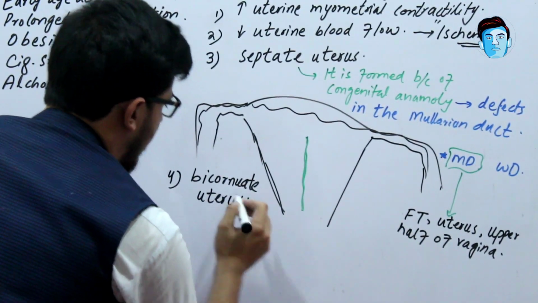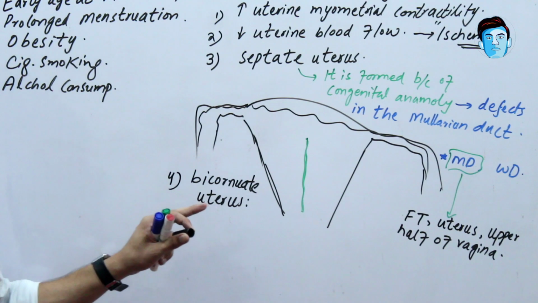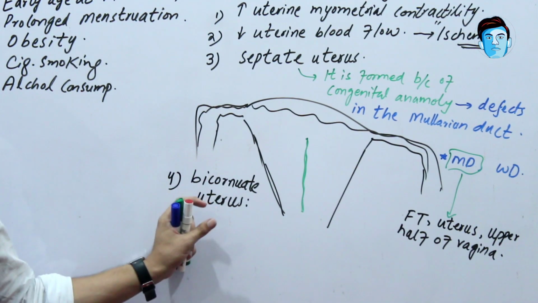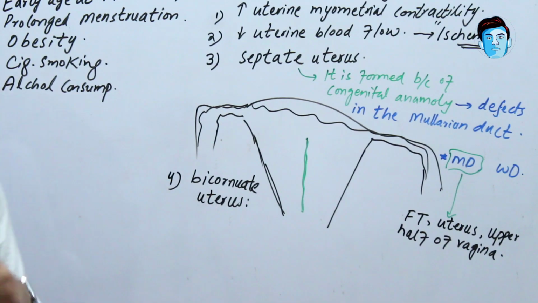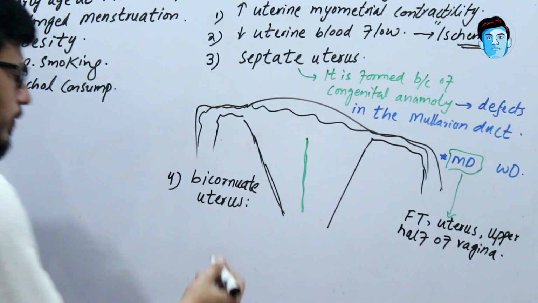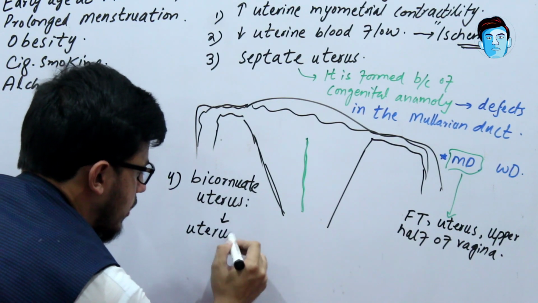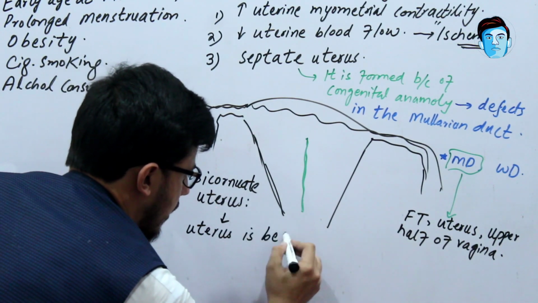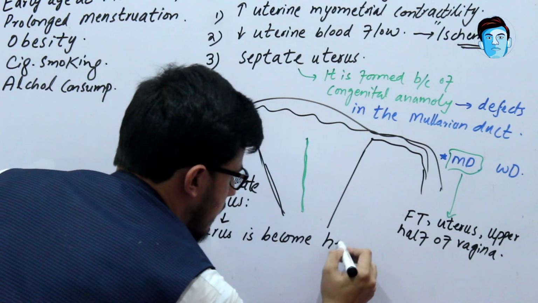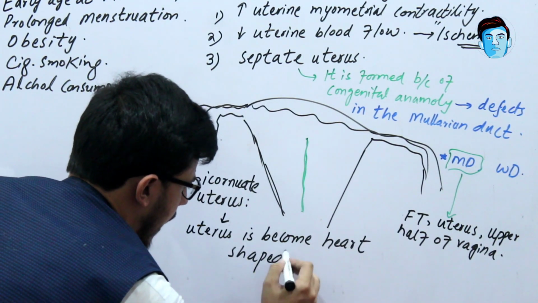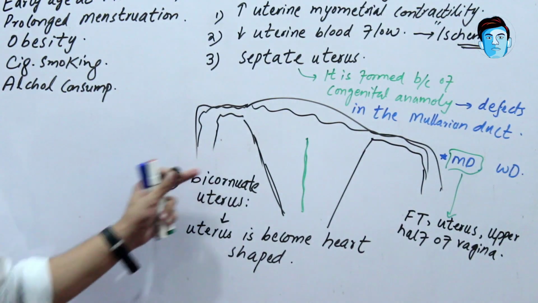Now the bicornuate uterus is also considered a congenital anomaly of the Mullerian duct, and here the normal shape of the uterus is disturbed, and the uterus becomes heart shaped.